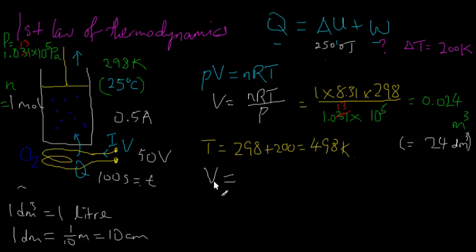I can do something like this. Let's say the new volume is V1. If I divide this by the old volume, then it's the same as the new temperature divided by the old temperature, because they are proportional.